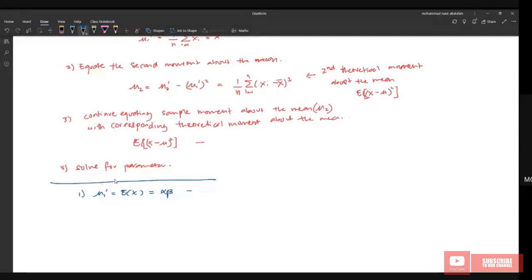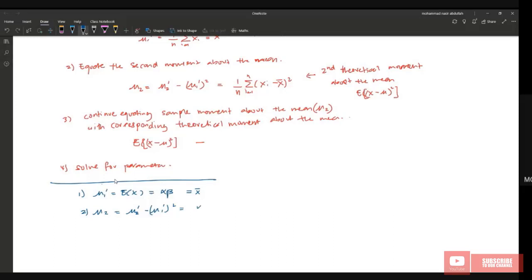And the second step is we apply the second moment about the mean, which is mu2 prime minus mu1 prime squared, equal to the variance.